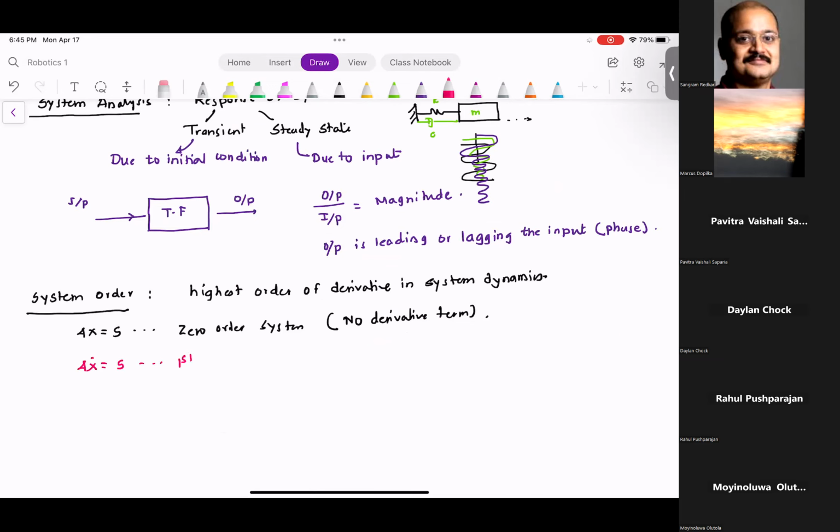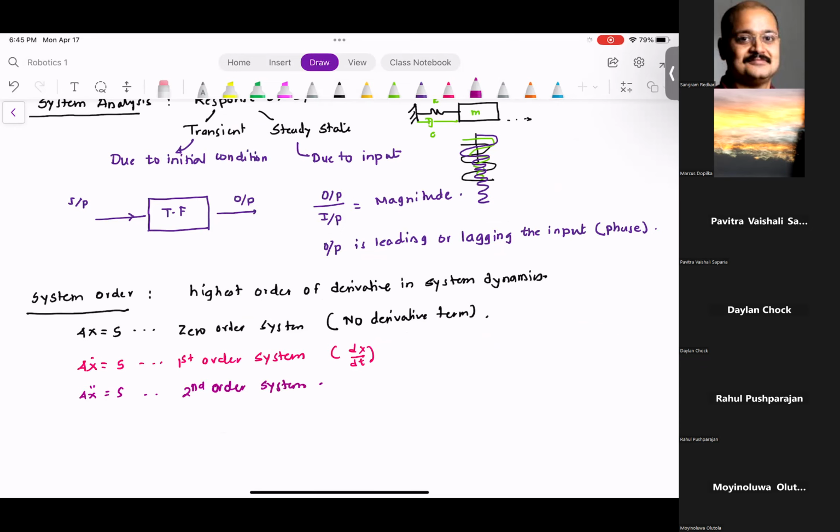This is the first order system, because the highest derivative is dx by dt. And if you have 4x double dot is equal to 5, this is called the second order system.